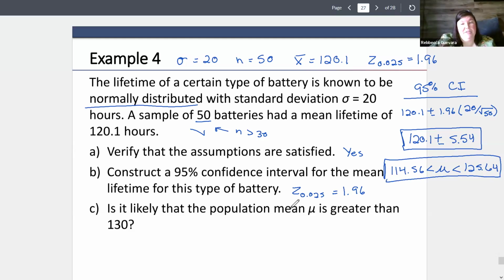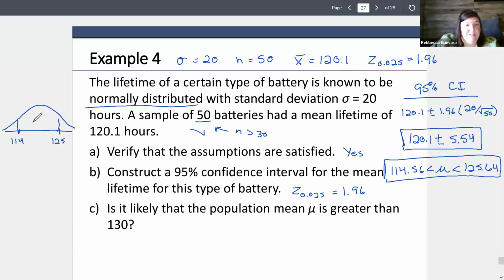Is it likely that the population mean is greater than 130? So is it likely? So remember, when you are constructing this, I am saying that I think that my mean is somewhere between, I'm not going to write all the numbers in here, so we're going to just shorthand that to 114 to 125.